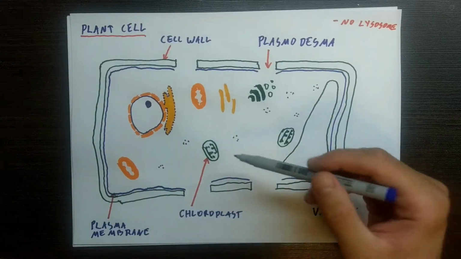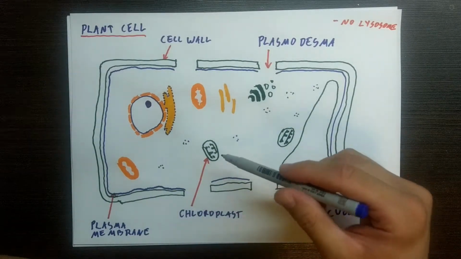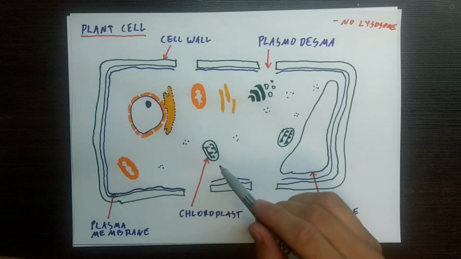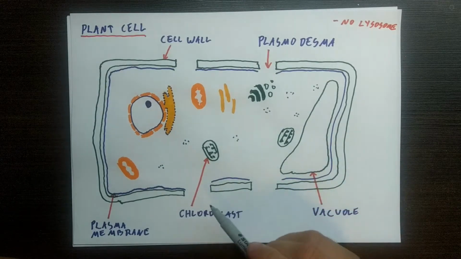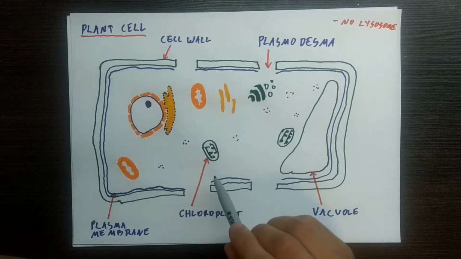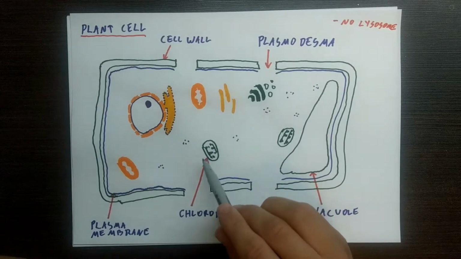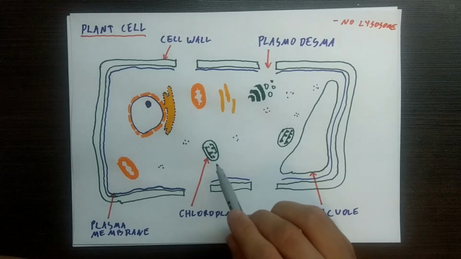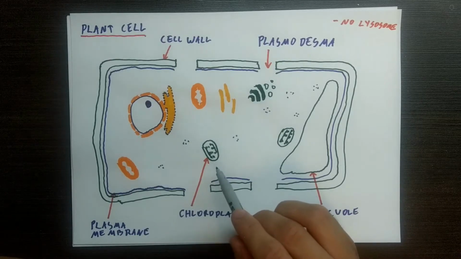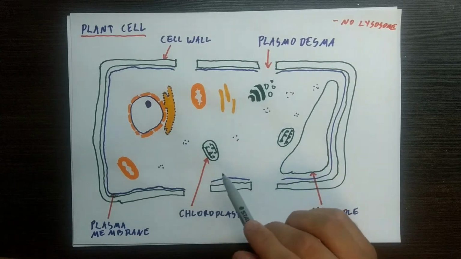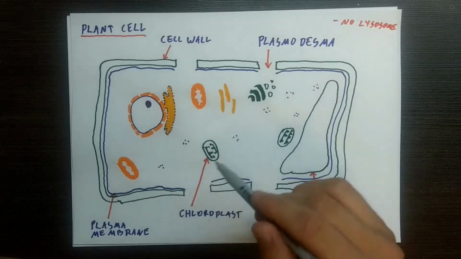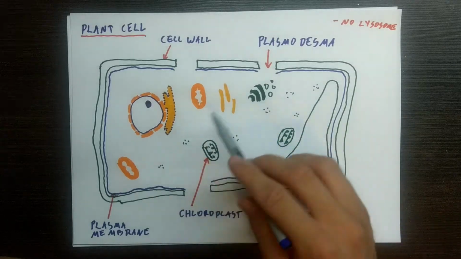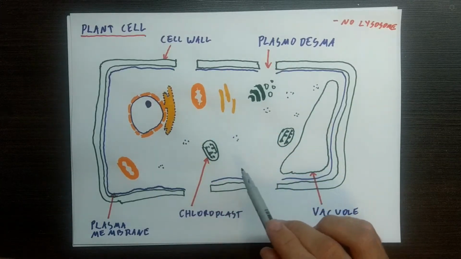Okay, so next up we have the chloroplast. Again, we will be making a video on chloroplasts. This is important. Chloroplasts are the main organelle involved in photosynthesis. So they essentially make the food for the plant. They make the sugar, the glucose, that can be used in respiration later on by the plant cell.